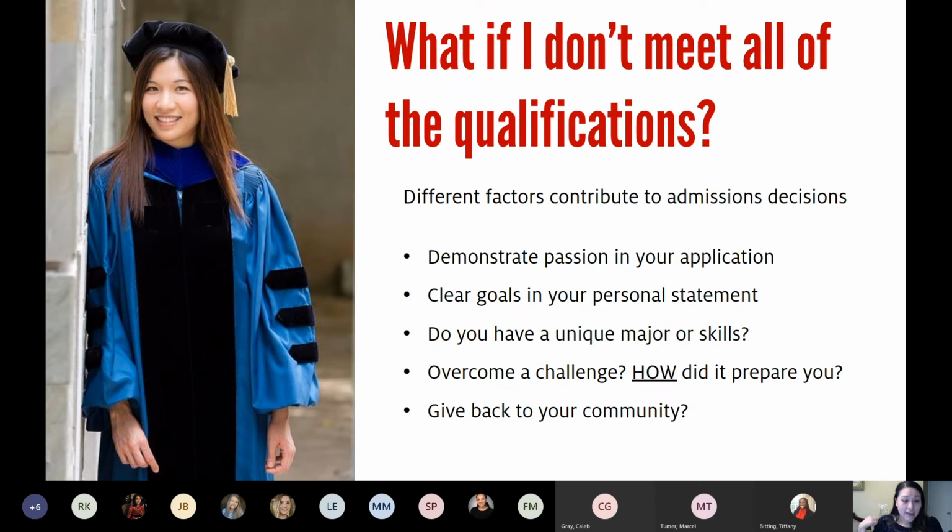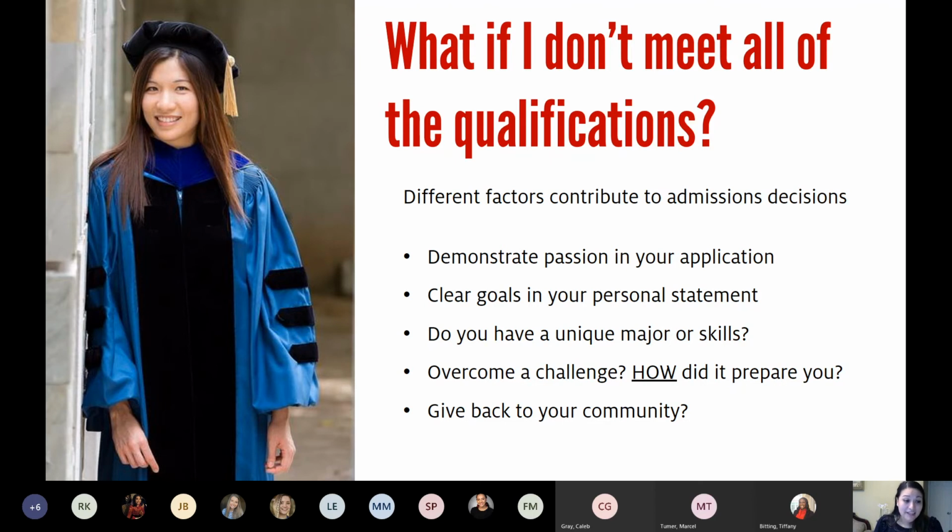Do you have any unique skills, or do you have a unique major that maybe helped you throughout the process in deciding that I want to pursue this because I have this skill, whatever that is? Have you overcome a challenge? And if you did, how did that prepare you for a graduate program? Or how did that inspire you or motivate you?